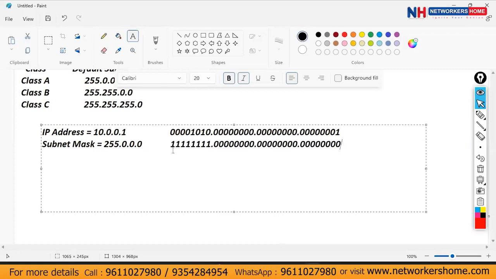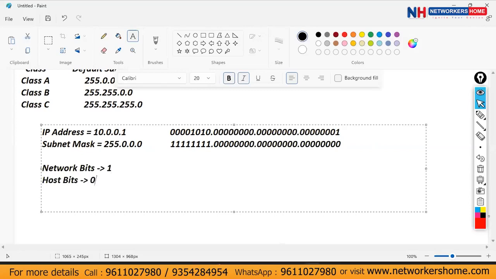So if you write your subnet mask in binary, then you can easily tell from your IP address which part is the network and which part is the host. Anywhere you see the 1s in your subnet mask, they are your network bits. Your network bits are represented by 1 and your host bits are represented by 0.